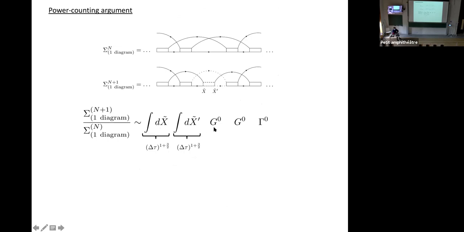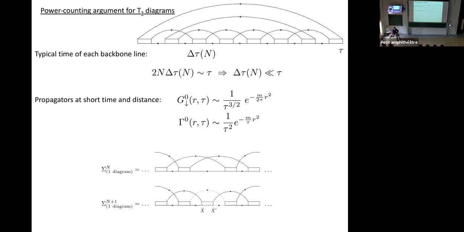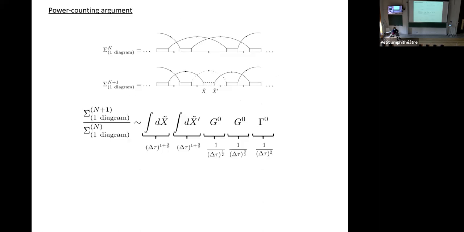But on the other hand, since the time is short and the distance is short, these propagators G naught and gamma naught will also have a very large contribution, because of this behavior here. So we see that it has a behavior 1 over delta tau to the 3/2, 1 over delta tau to the 3/2, and gamma naught scales as 1 over delta tau squared.